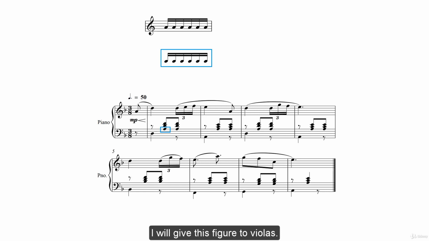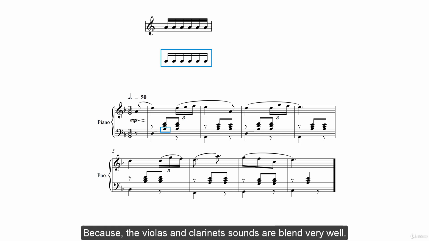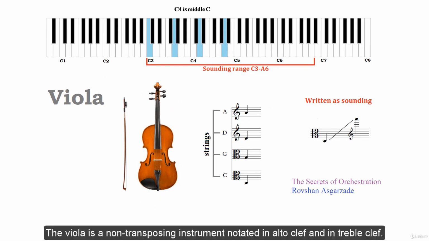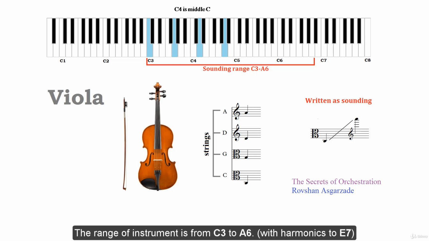I will give this figure to violas, because the violas and the clarinets blend very well. The viola is a non-transposing instrument notated in alto clef and in treble clef. The range of the instrument is from C3 to A6 with harmonics to E7.